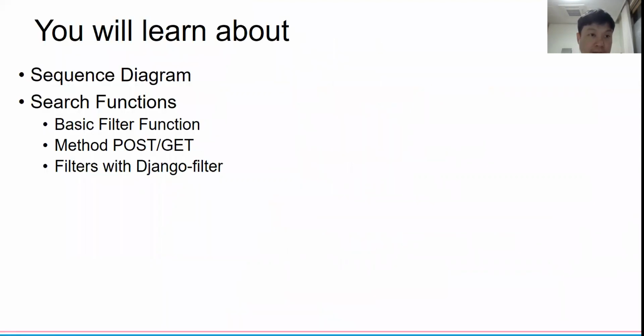So as I mentioned to you, we will learn about the sequence diagram and search functions. We will learn about the basic filter functions. We will learn about the methods POST and GET, and how we can do the filtering with the Django filter. So it means we are going to use one package in Django. There's a Django filter, but we will discuss it later.